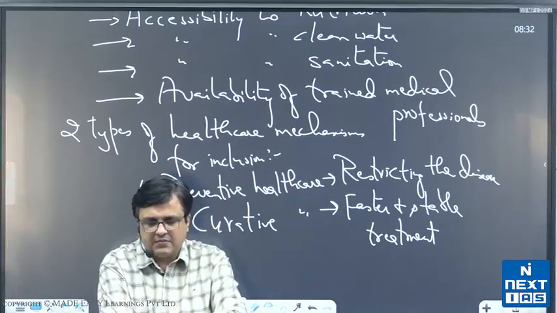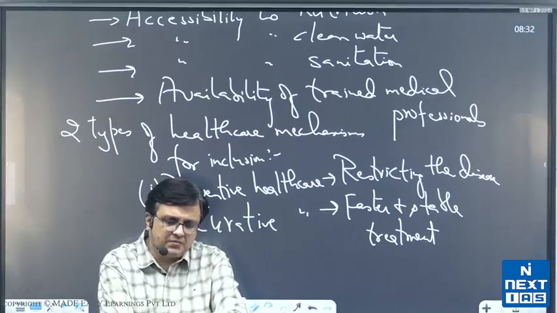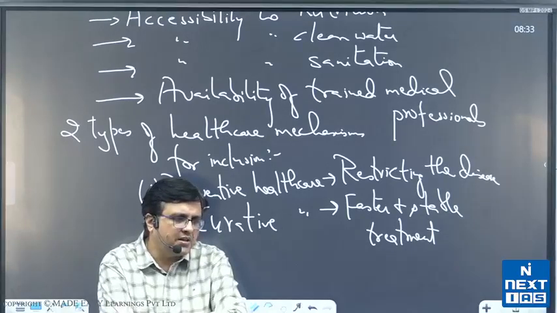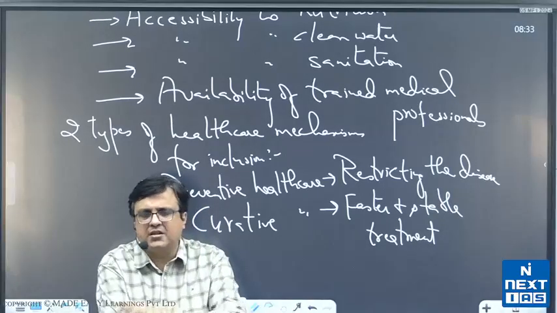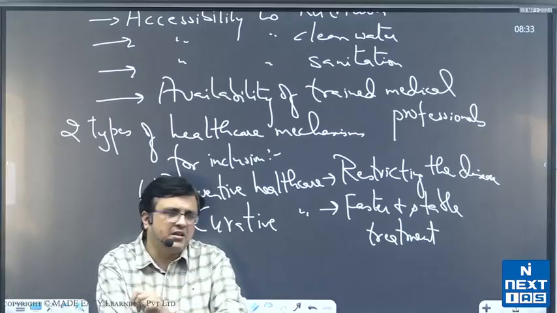Second, establishing a network of primary healthcare, comma, secondary healthcare, and tertiary, T-E-R-T-I-A-R-Y. Tertiary healthcare is big hospitals and multi-speciality hospitals and so on. And tertiary healthcare.